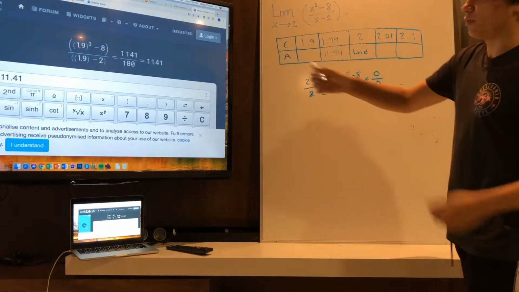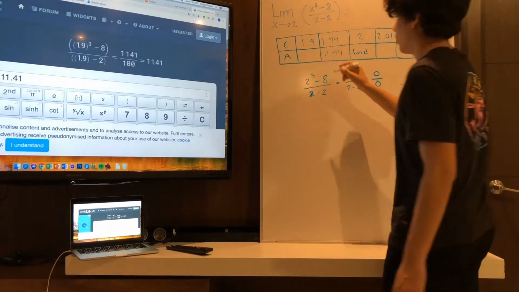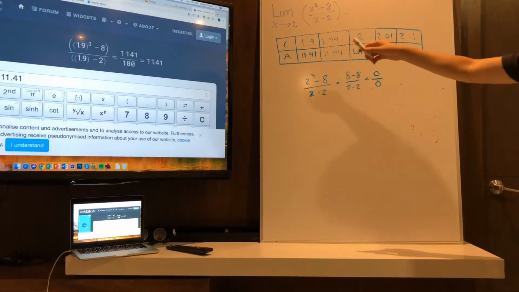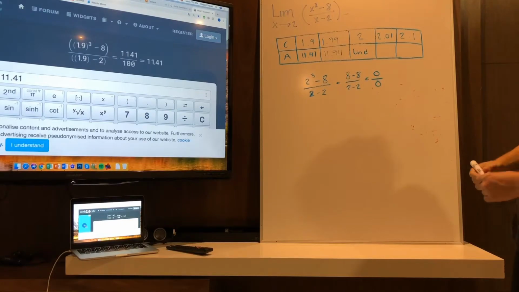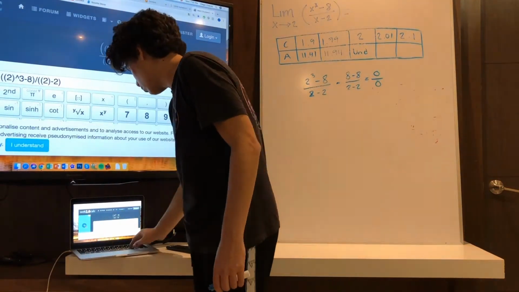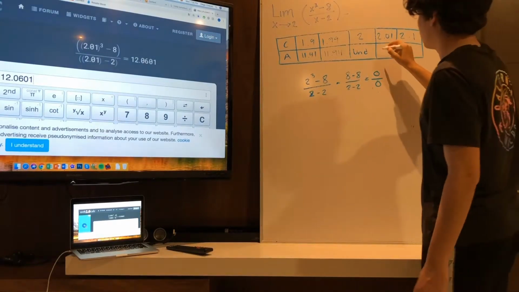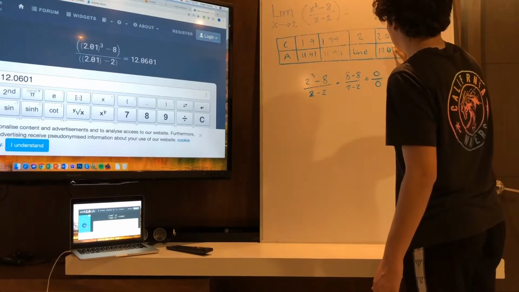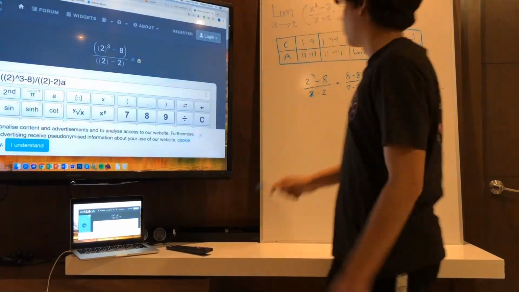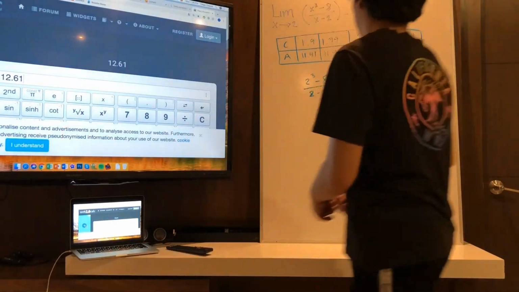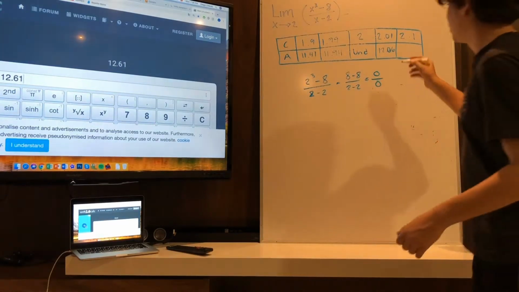Here we have 11.41. After we've done this side, we can go over and do this side. As you can see, we got 12.06. And then we need to put the last value. We got 12.61.